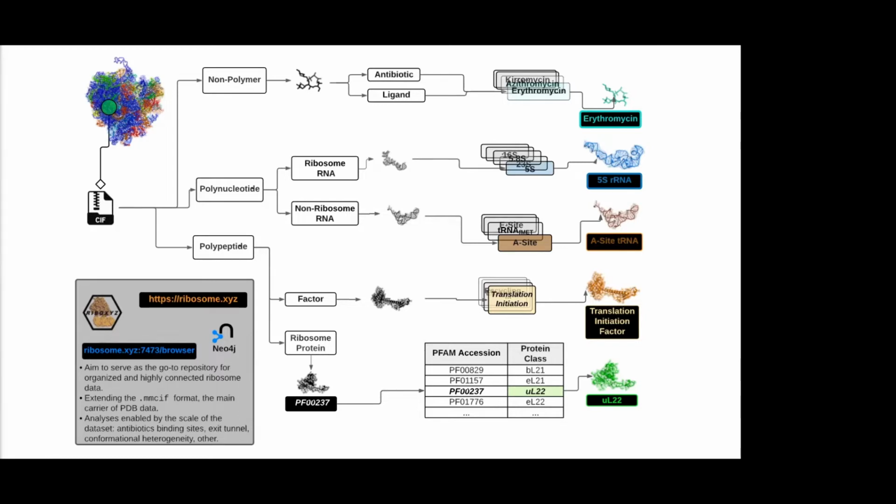What we do is we take ribosomal structures and we process them and provide better categorization for each subcomponent. So, for example, on the slide, you can see that ribosomes are constituted usually of polypeptides, which are your proteins, polynucleotides, which are RNA, and non-polymers, which are usually ligands or some other antibiotics or ion clusters.